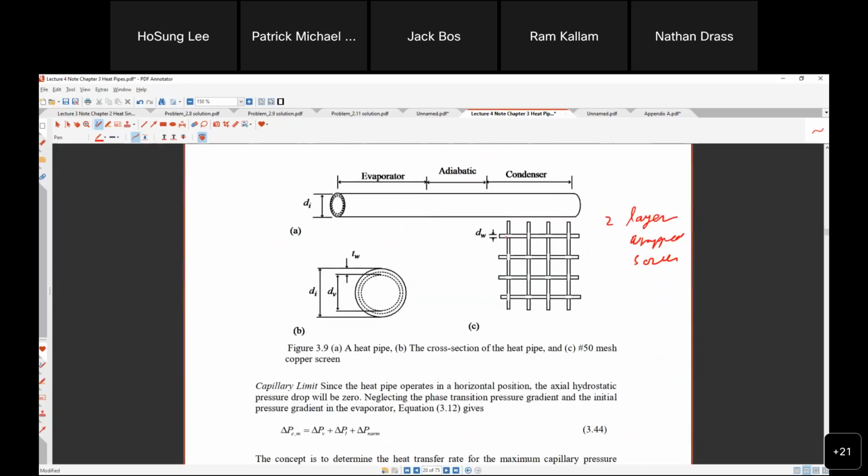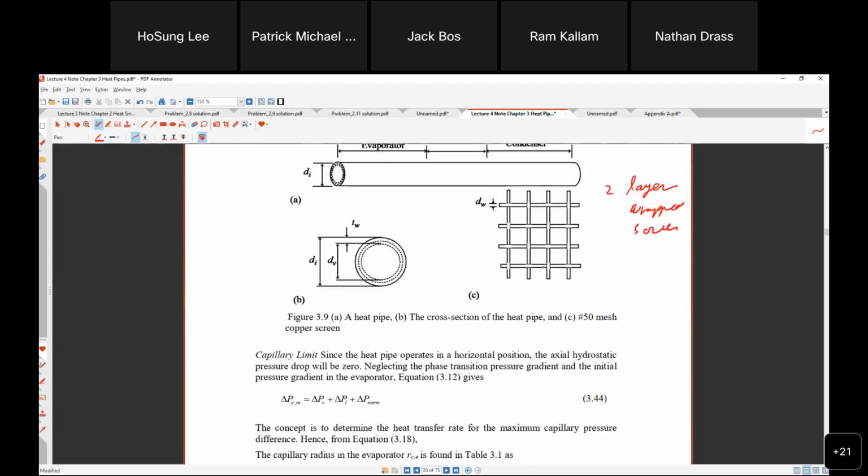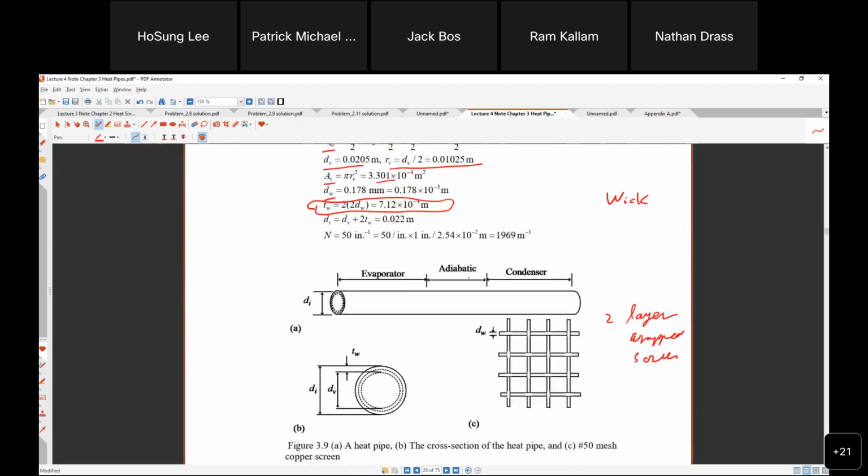So this is a two layer, one, two layer. And what happened? This is one layer, I think. This is one layer. One layer.